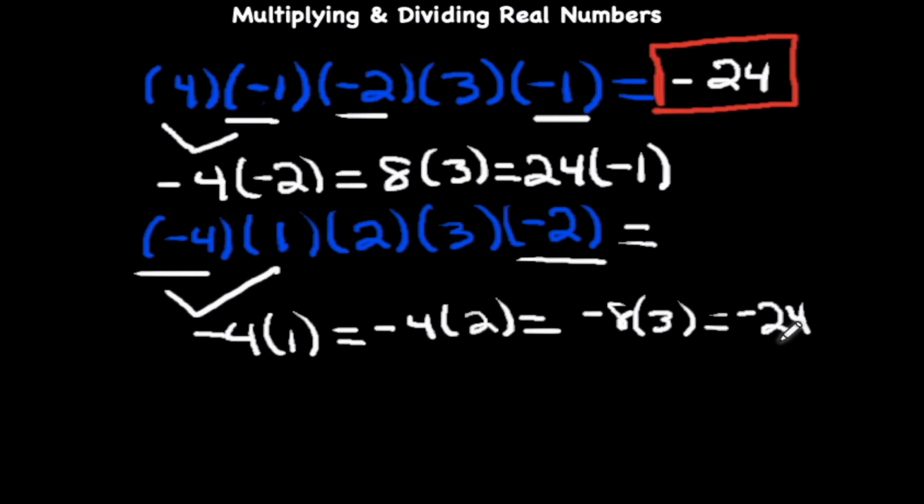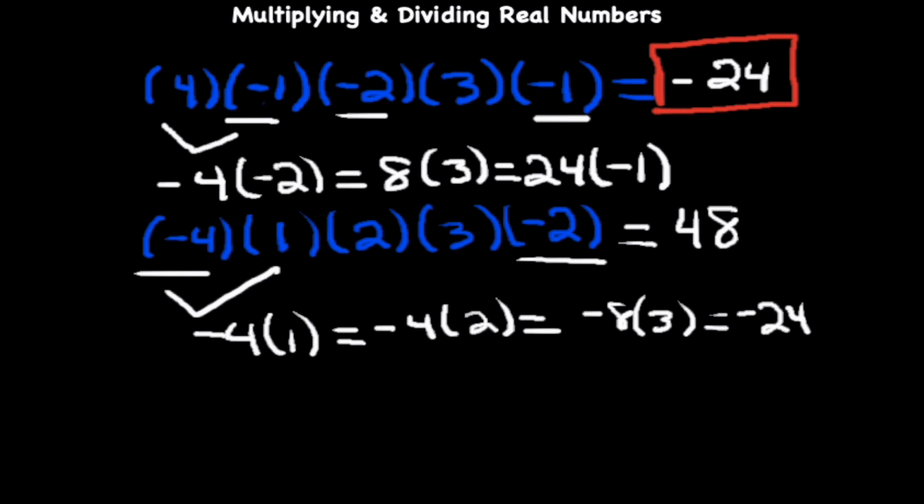And negative 24 times negative 2 is equal to positive 48, right? So this works, all right? So if you're given something like this, just look at the number of negative factors that you have, and you can determine whether your answer will be positive or negative, okay? All right, so let's go ahead and move on and talk about division.